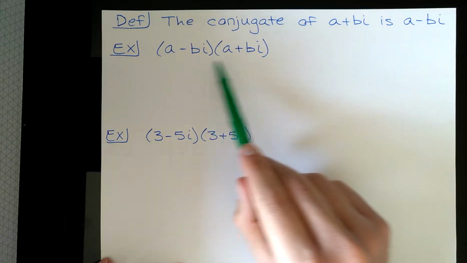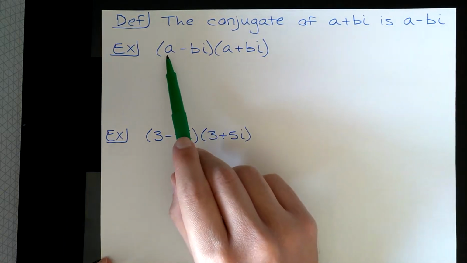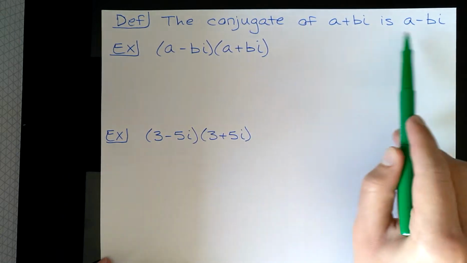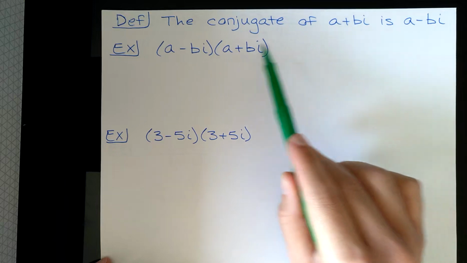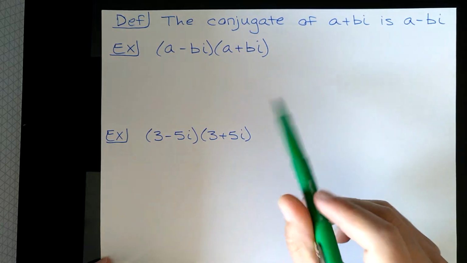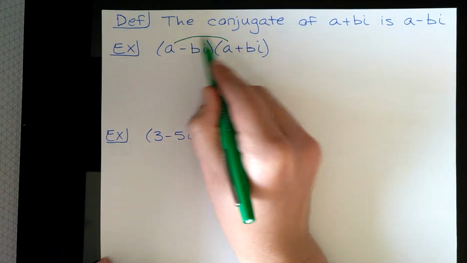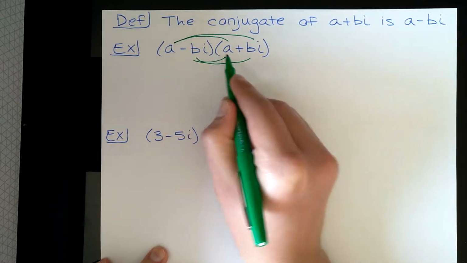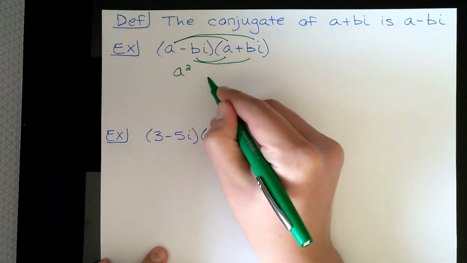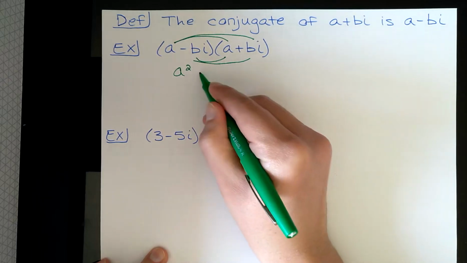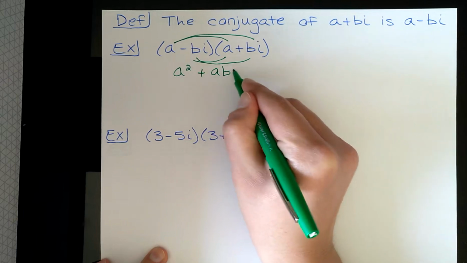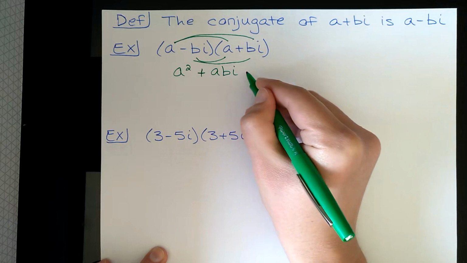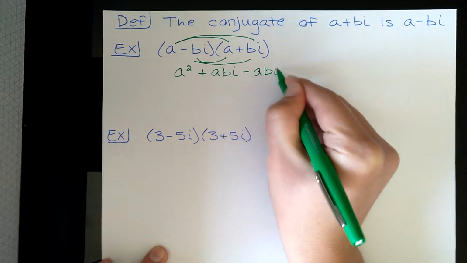So, going to this problem, we have a minus bi times a plus bi. We are multiplying the conjugates together to see what's going to happen, why this definition is important. So, when we distribute this a and distribute this negative bi, we get a times a is a squared. A times bi is plus abi. Negative bi times a is minus abi.